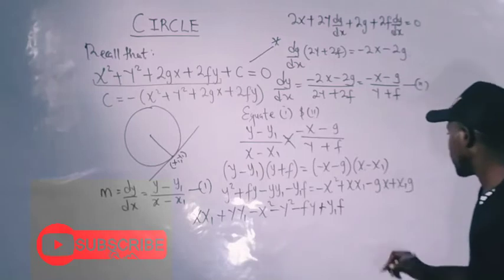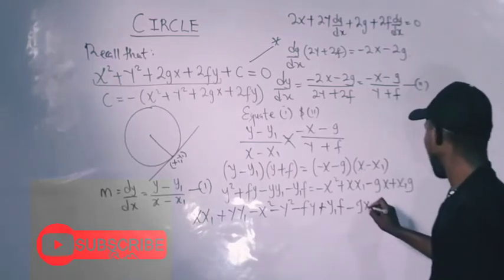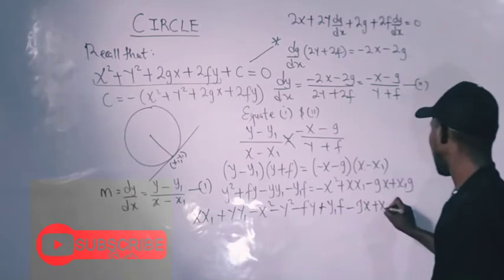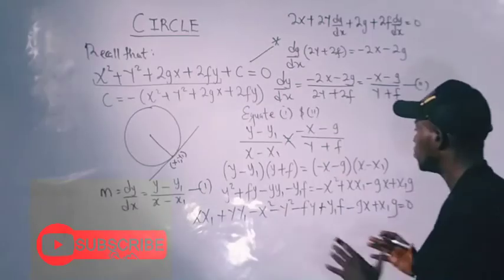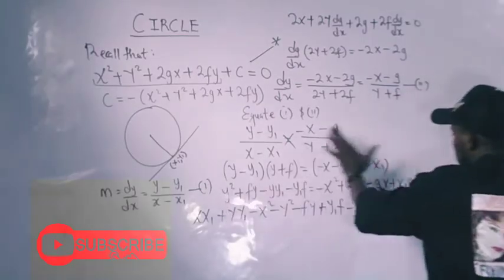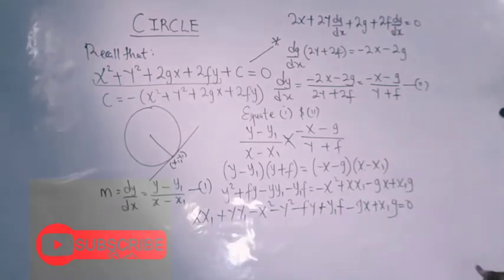Are you still there? Then I have here minus gx, then plus x1g equals to 0. So I have successfully moved all the entity on the left hand side down to the right hand side, so that I have something of this nature. I hope you are still there.